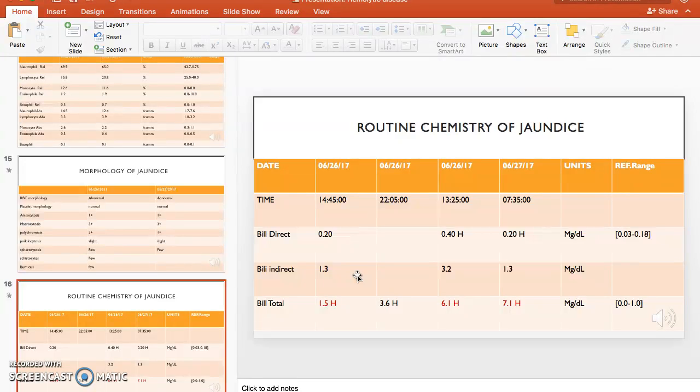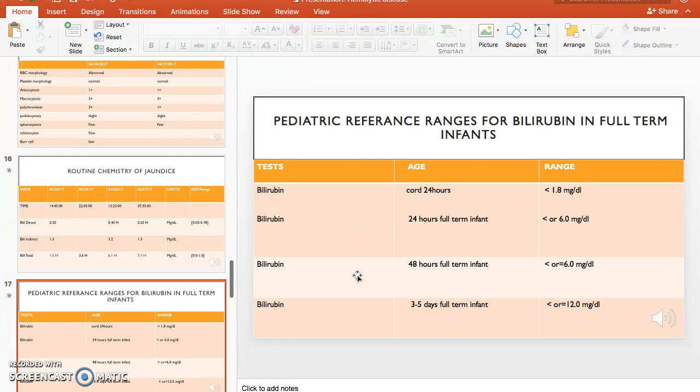So when we look at the routine chemistry of jaundice, let's take this baby. As soon as he was born, his bilirubin level was 1.5 milligram per deciliter. On the next day, within 24 hours, his bilirubin level was 6.1 milligram per deciliter. It is very high.